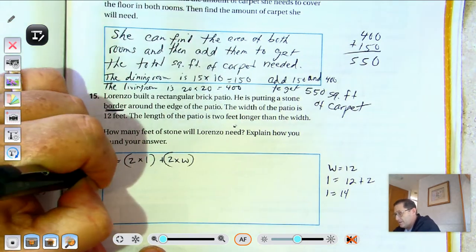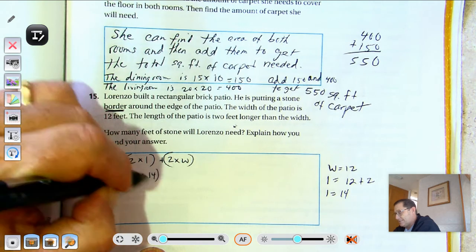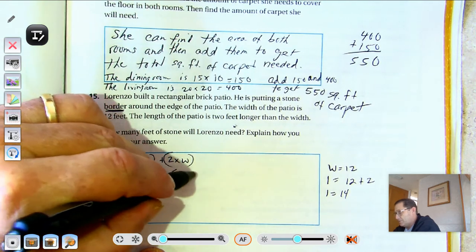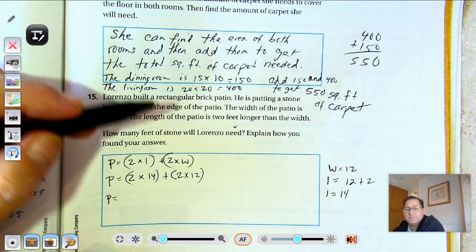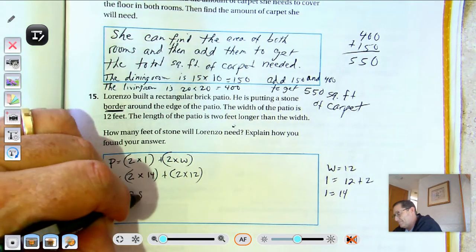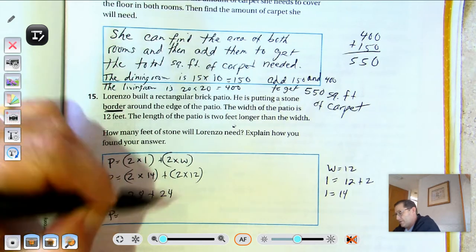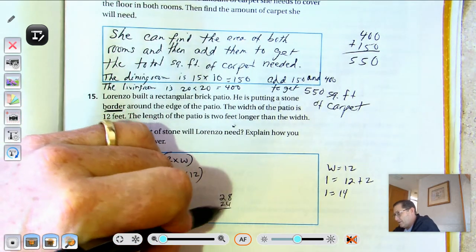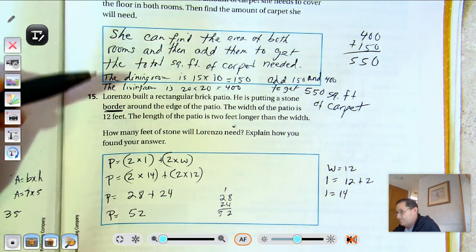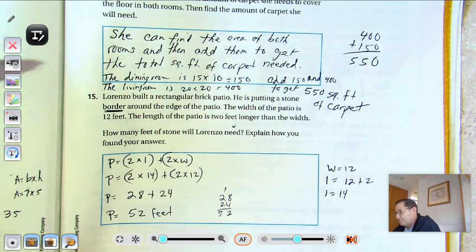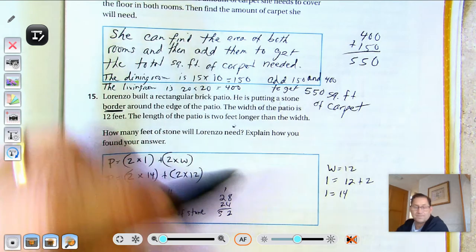Okay, so perimeter equals 2 times 14 plus 2 times 12. 2 times 14 is 28, and 2 times 12 is 24. So he needs 28 plus 24. He needs 52 feet of stone. Okay.